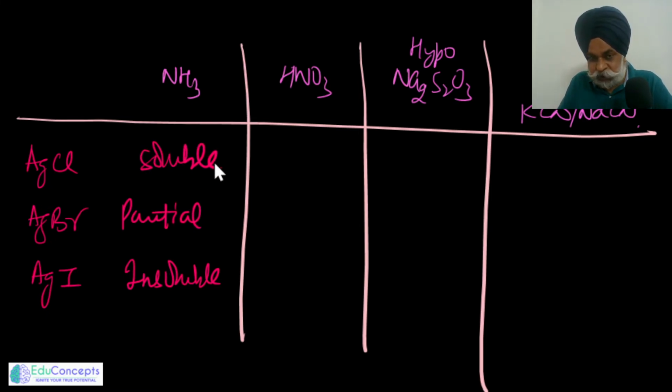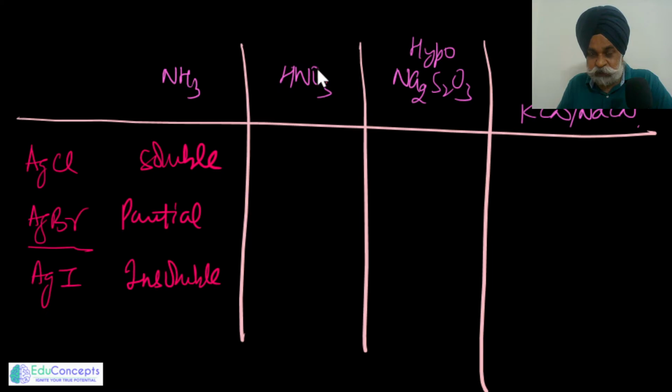Whatever precipitate you have got, if you treat it with ammonia and it gets solubilized, it means it only had chloride ions, and anything left in the residue can be AgI. So AgBr would be difficult to identify this way.